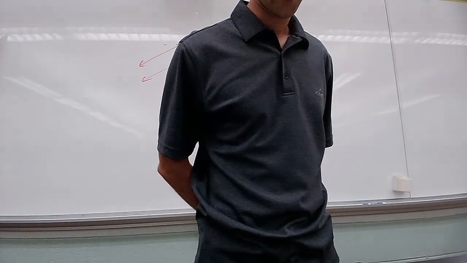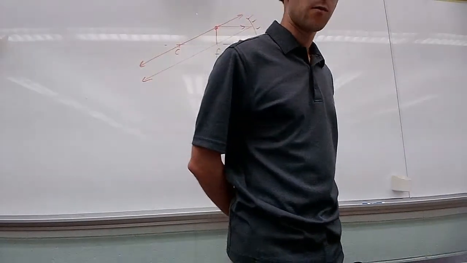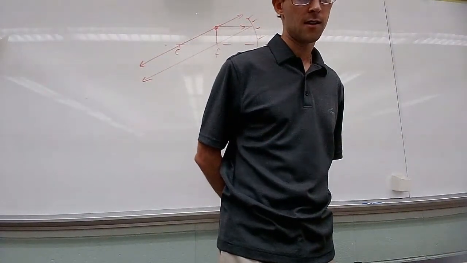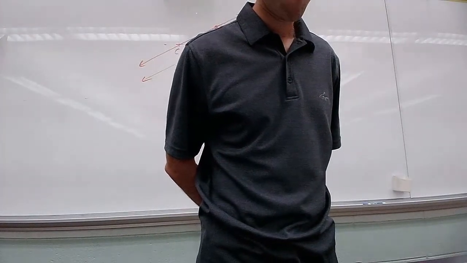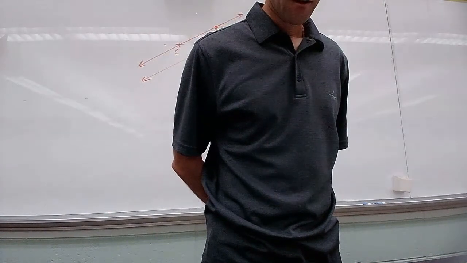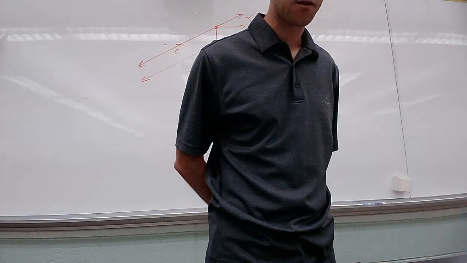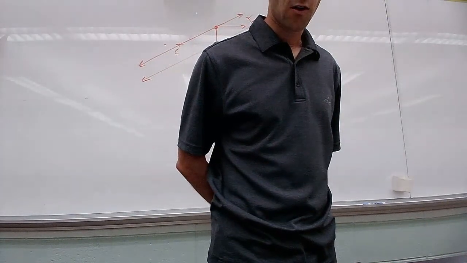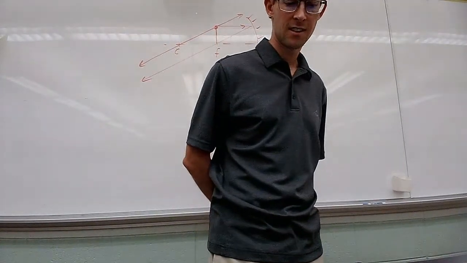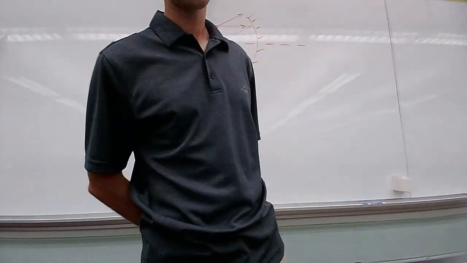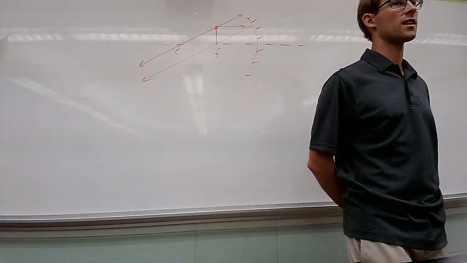So for number 3, your image should be between C and F. So I might just say between C and F. For number 5, it should be a ways to the left of C. So just say it's to the left of C. As long as you're drawing it in the right place, I'm not going to mark it wrong if you write its location wrong.